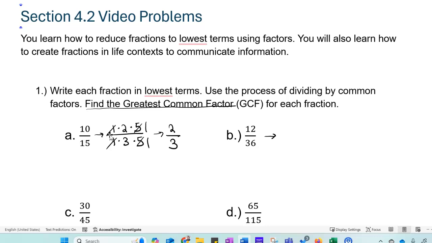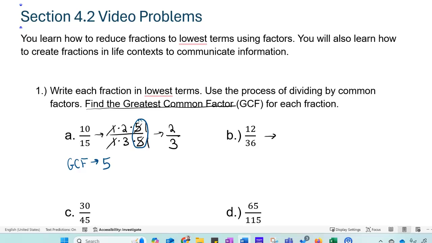So in this case, the 5 went into both, and there's no number bigger than that goes into 2/3, okay? Or that goes into both 10 and 15. So that means that my GCF, or my greatest common factor, is 5. So GCF, the biggest number that goes into both the numerator and denominator. Okay, so now let's move to B.